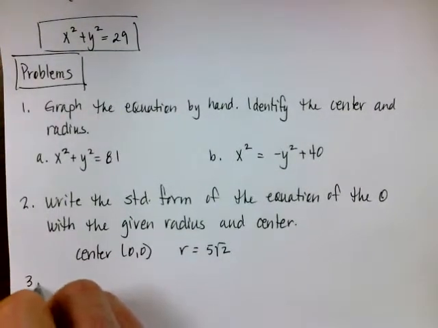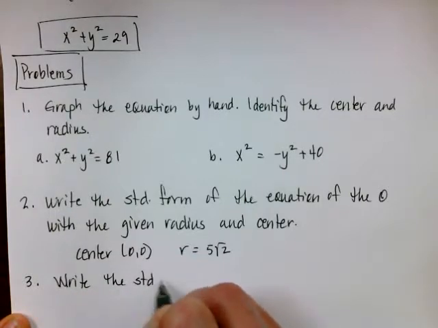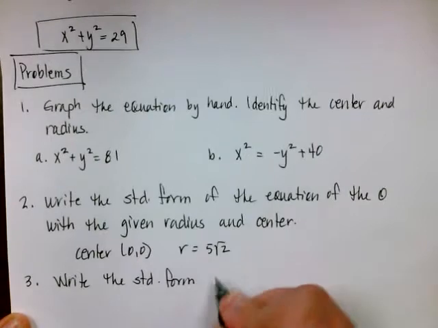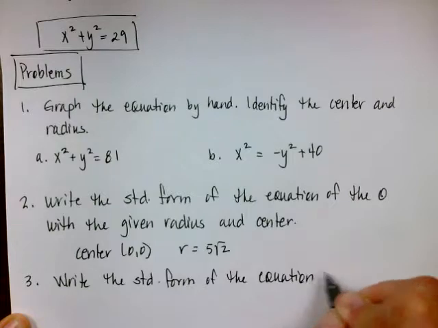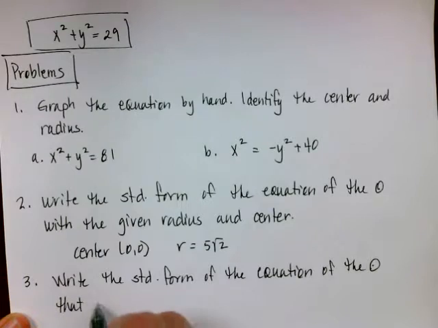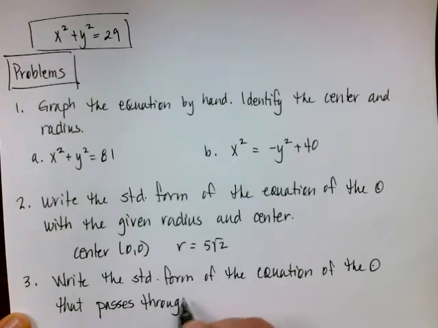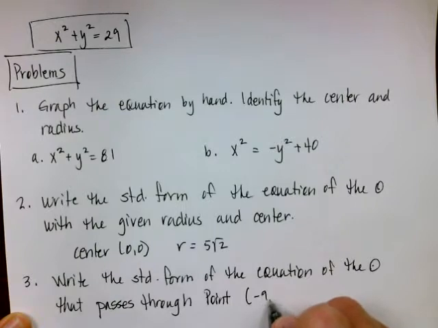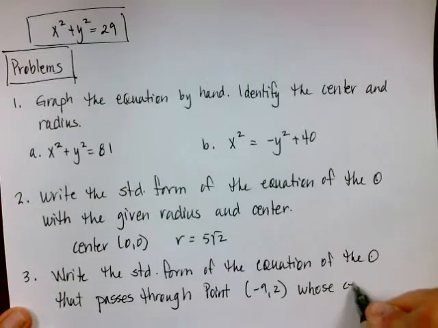One more problem. I want you to write the standard form of the equation of a circle that passes through the point (-9, 2) and whose center is (0, 0).